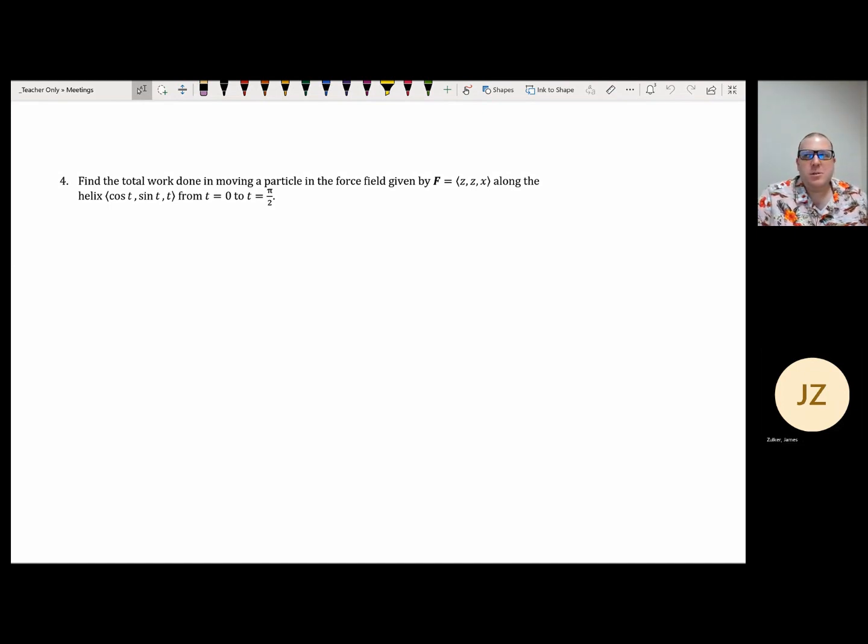All right, so if you don't remember, a helix looks like a spring. In this case, it's spiraling up the z-axis. You could also have a helix spiraling along the y-axis or along the x-axis. You just adjust the parameterization accordingly.